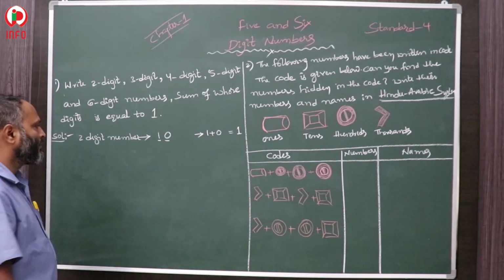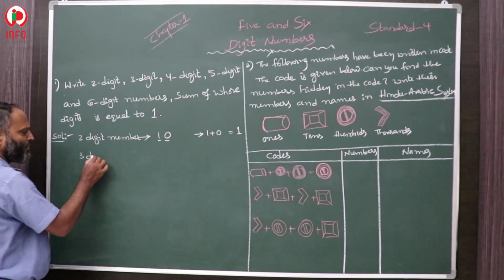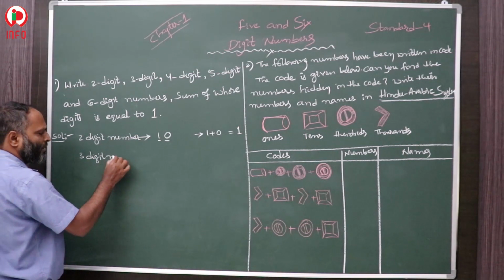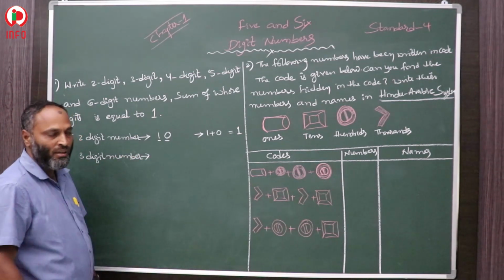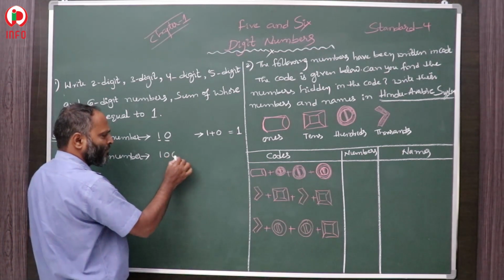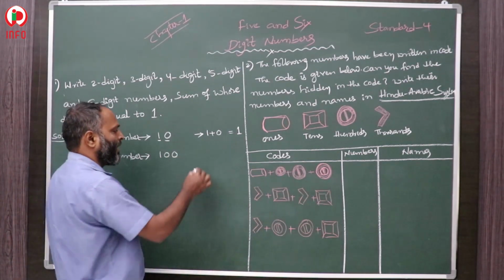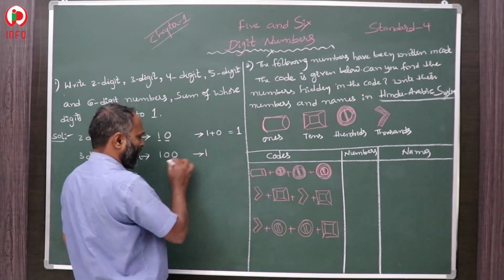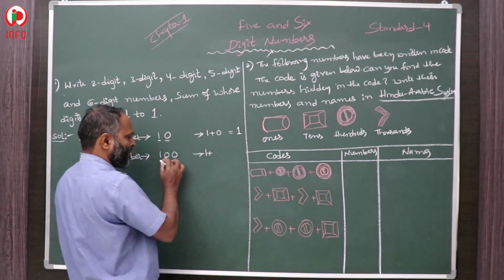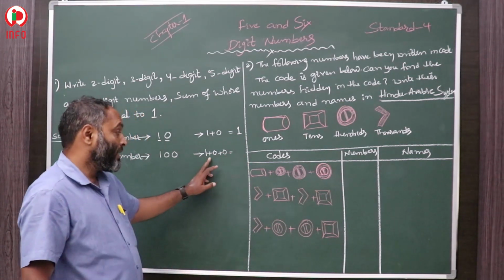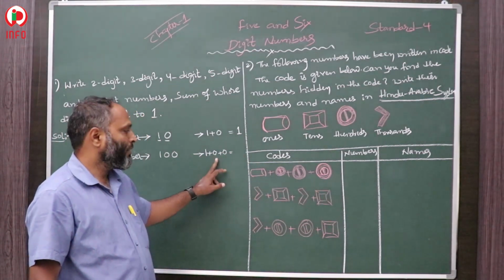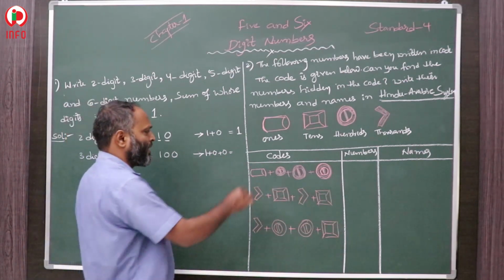In the same way, a 3-digit number. If I take 100 and add the digits, 1 plus 0 plus 0, the answer is 1.